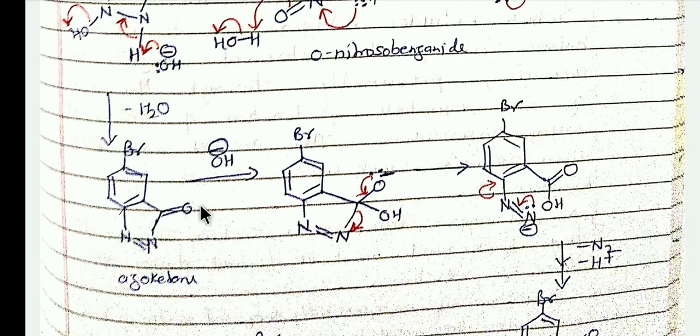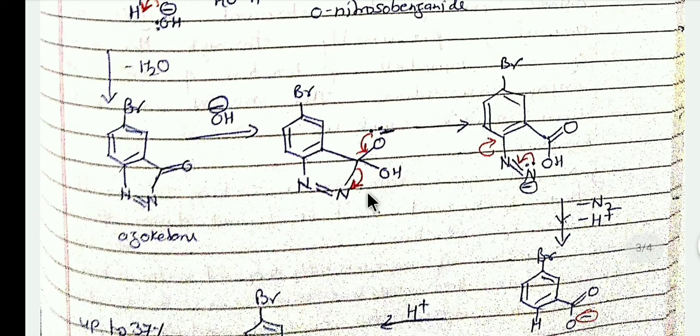And in the reaction of OH minus with this azoketone, the electron displacement from this carbon to this oxygen atom makes carbon positively charged and oxygen negatively charged, and the OH attacks this positively charged carbon atom and forms this type of structure. Now ring opening takes place here.